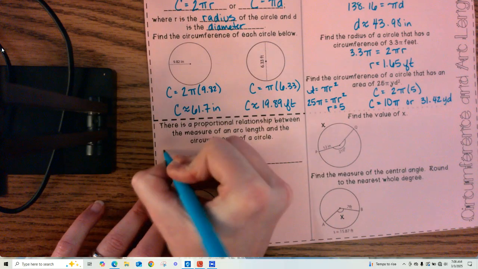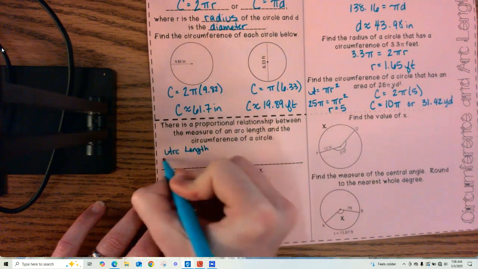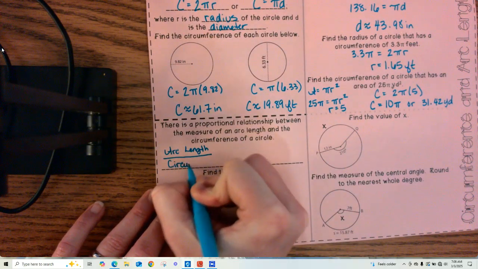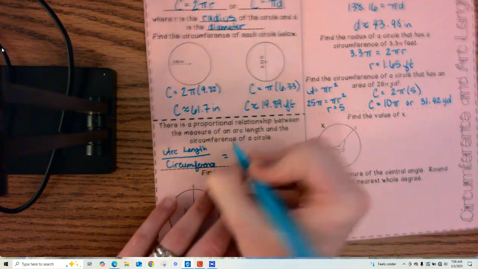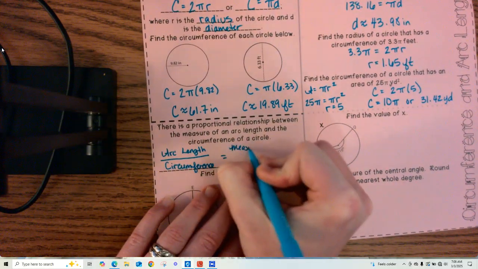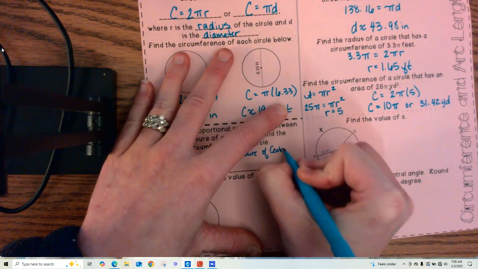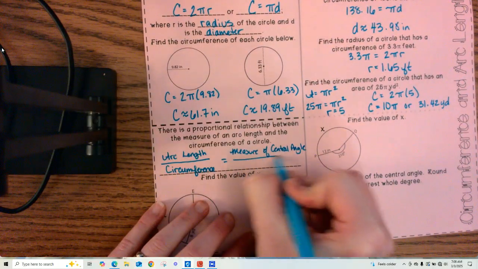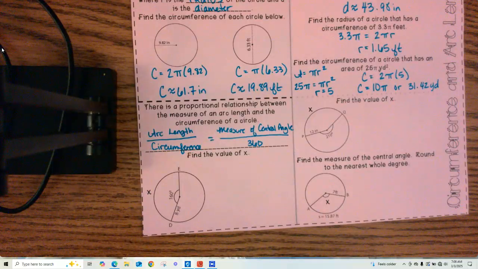And what that is: arc length over circumference equals the measure of the central angle over 360. It's a lot to write. It's not a lot to work. We just use it and we plug in the pieces.